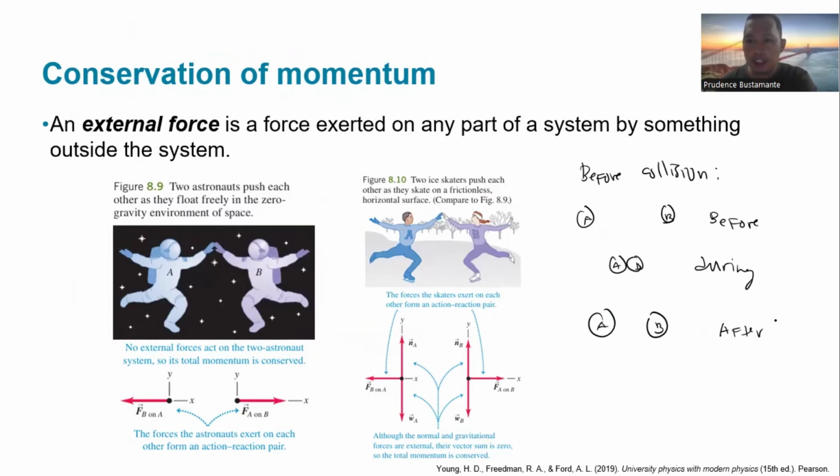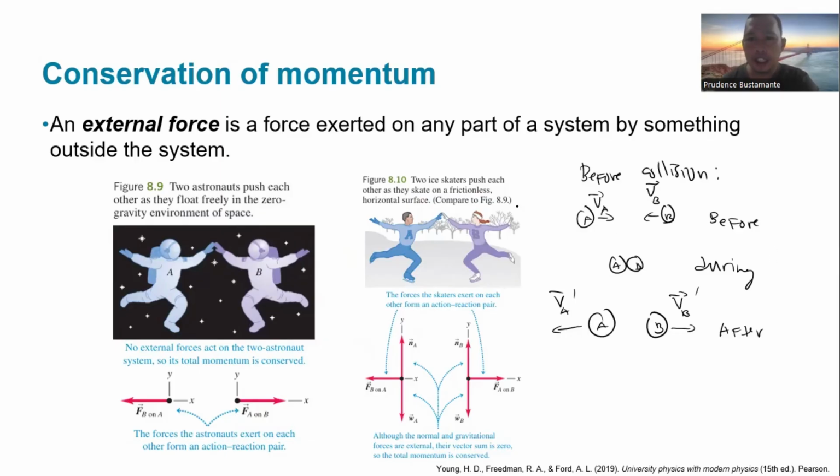So for example, before, they are about to collide, they have velocities towards each other, during they collided now, and after they have final velocities. So we're gonna use VA and VB for the initial, and after the collision, they have VA prime and VB prime.